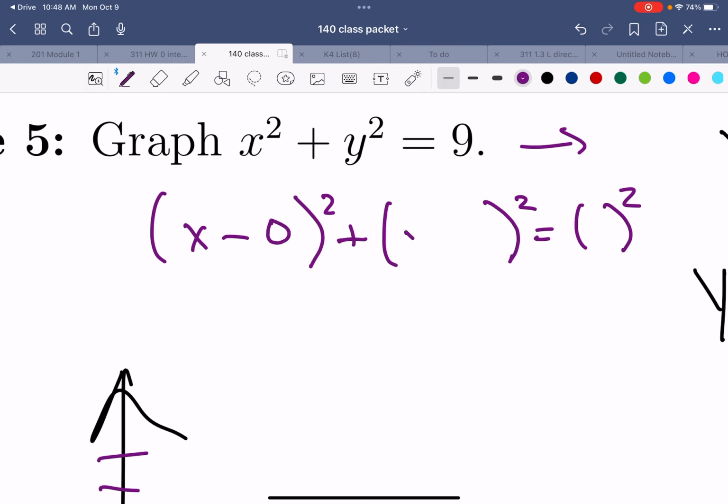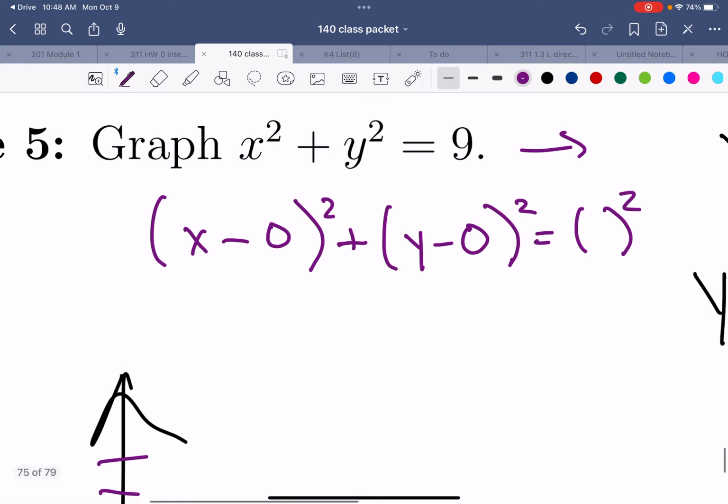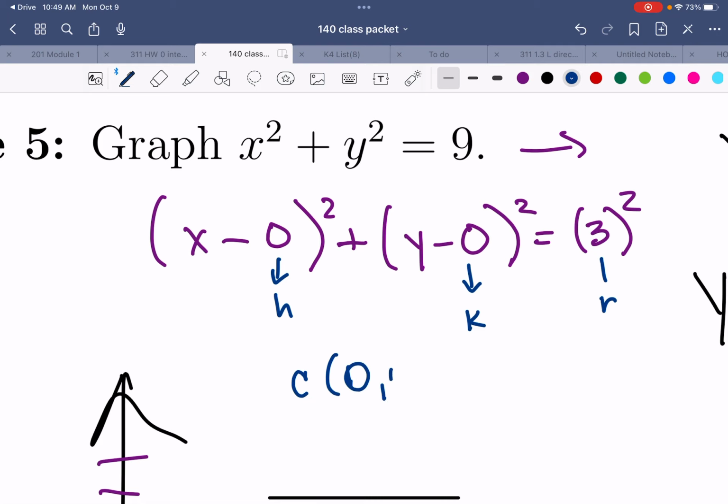Y squared must come from y minus 0 squared as well. And 9, 9 is 3 squared. Okay, so that means that this is my h, this is my k, and this is my r. So that means I have a center at 0, 0, and its radius is 3.